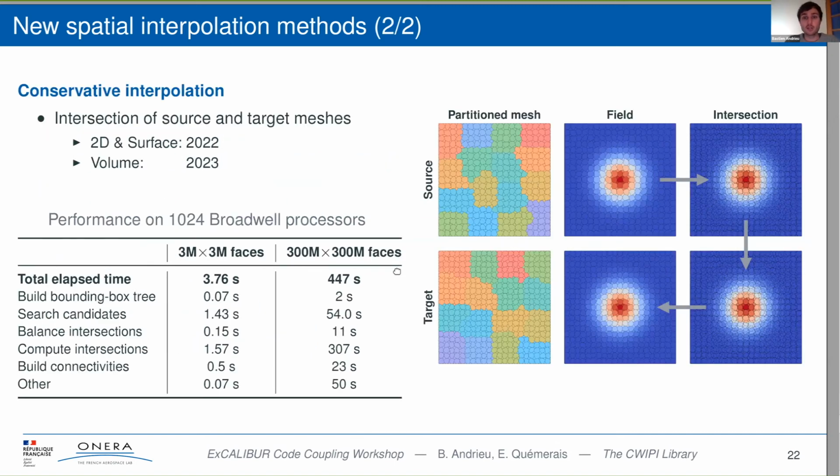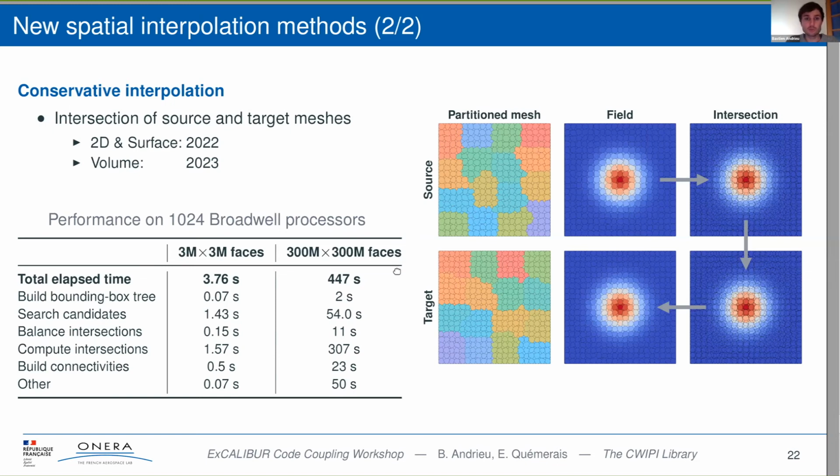Next, we are currently working on a method for conservative interpolation, which consists in intersecting both source and target meshes. Here we have an example of a 2D version. This version is quite stable now, and we are working on extending it to the generic surface case.